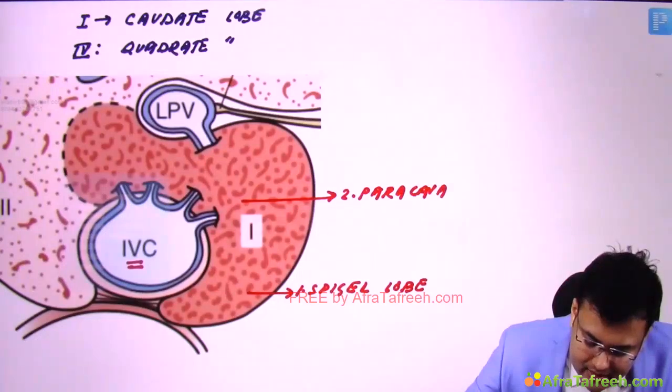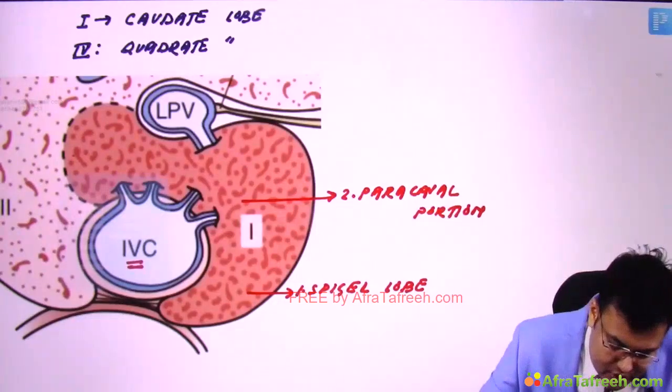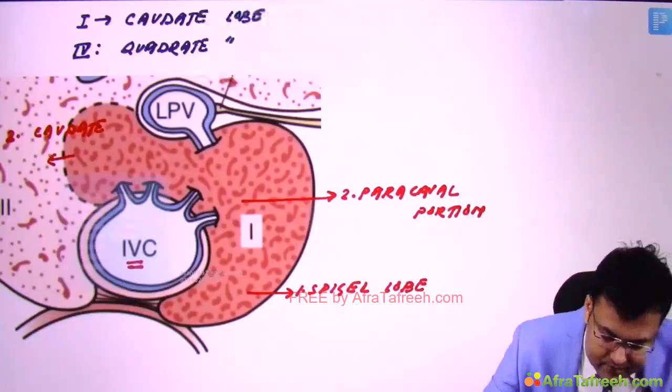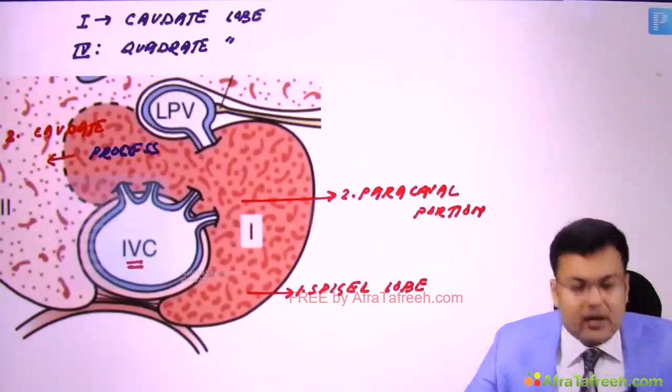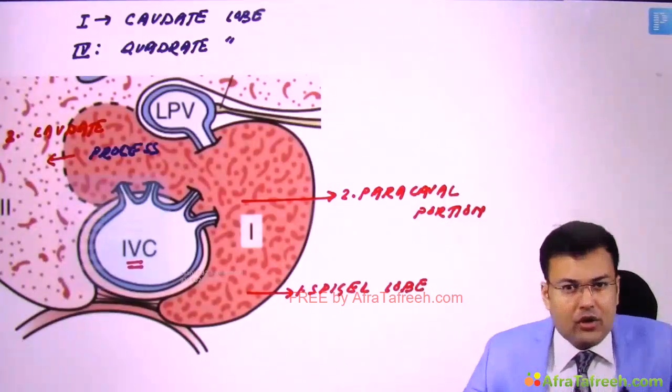And this is the caudate process. So what are the three parts? Spigelian lobe, paracaval portion, caudate process.